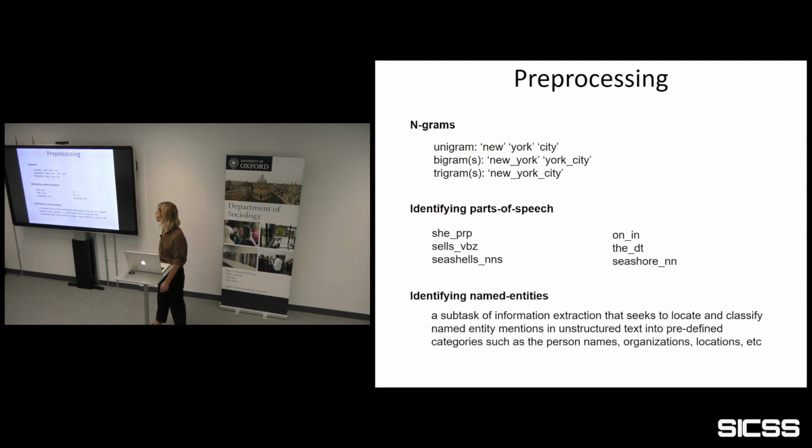Other options in preprocessing are to create n-grams in your text. So just base tokenization, meaning the token is just an individual unit of text. You can treat them as unigrams, where it's each individual word. So something like New York City would be separate: New, York, and City. And if we do something like a topic model or an embedding model like we do later, those are likely to show up in the same cluster or topic because they're technically the same entity.